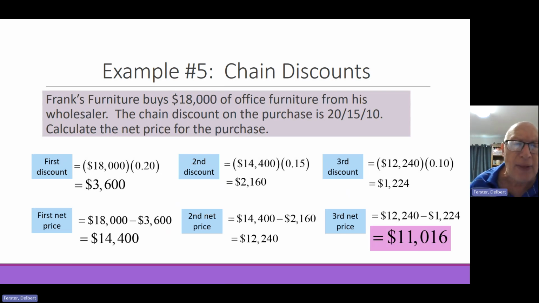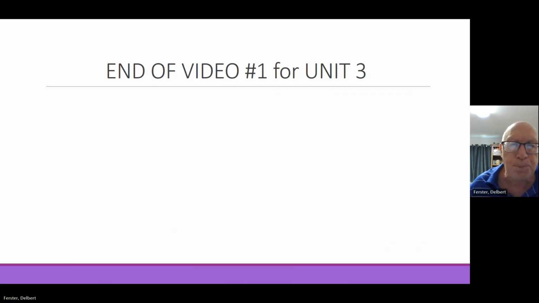Again, worth noting that in this particular context, each discount was based on a different base number. So the 18,000 only got used once to get us to a second base number of 14.4. That got used again to get us to a third discount number of 12,240.